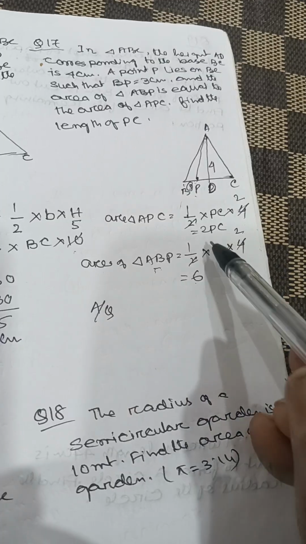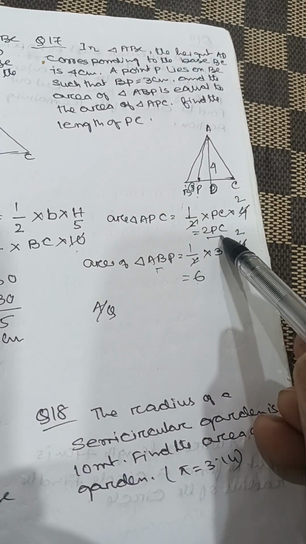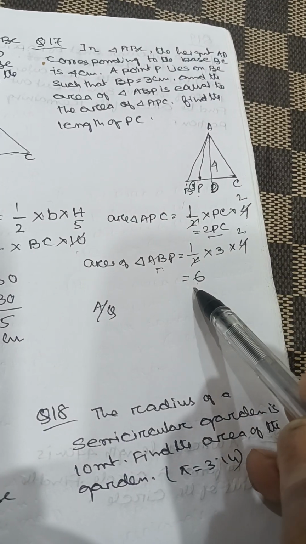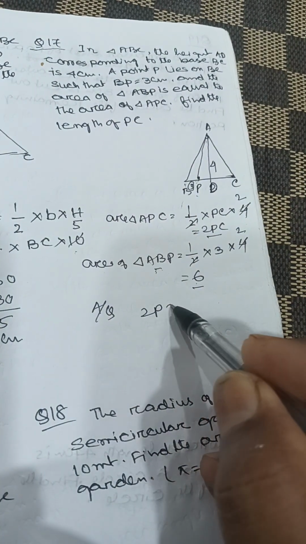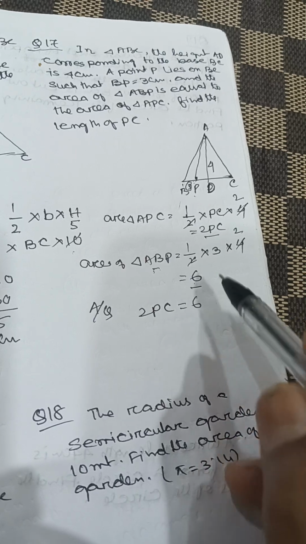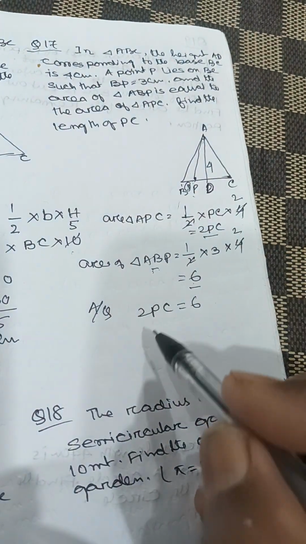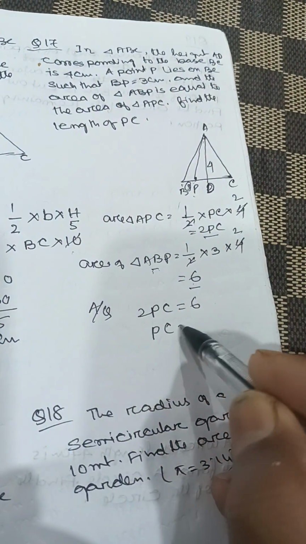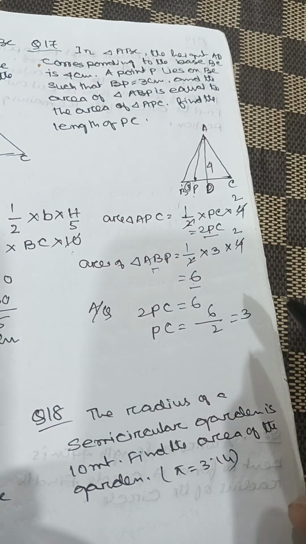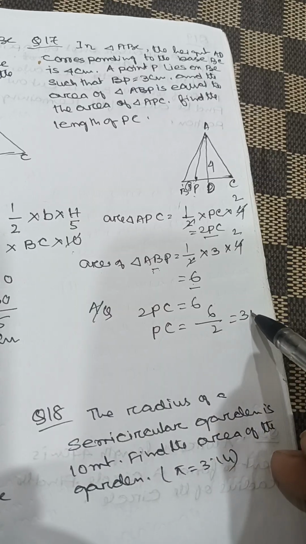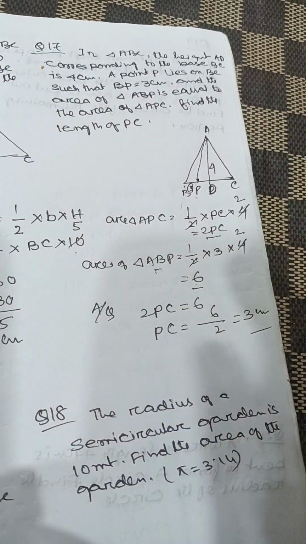Now area of APC becomes 2PC and area of triangle ABP becomes 6. So according to the question, 2PC and 6 both are equal by the question condition. Therefore you write PC is 6 by 2. 6 by 2 means 3 centimeters. That is the answer of question number 17.